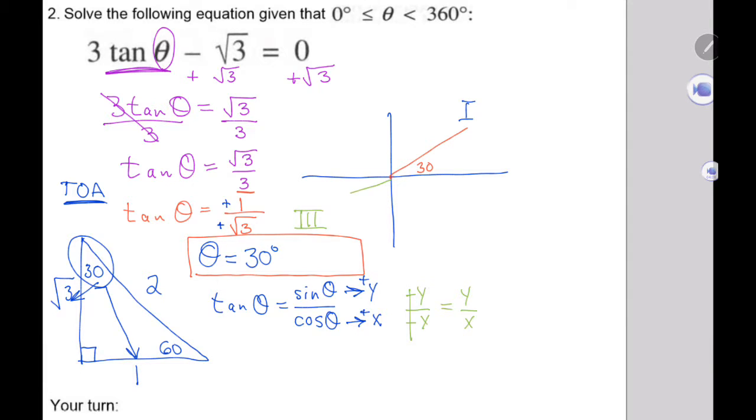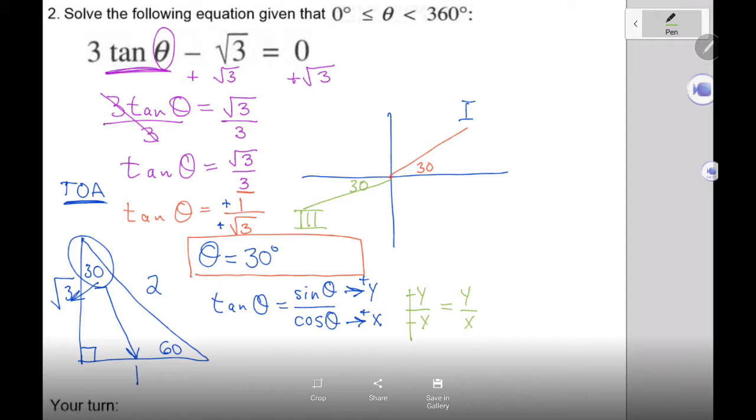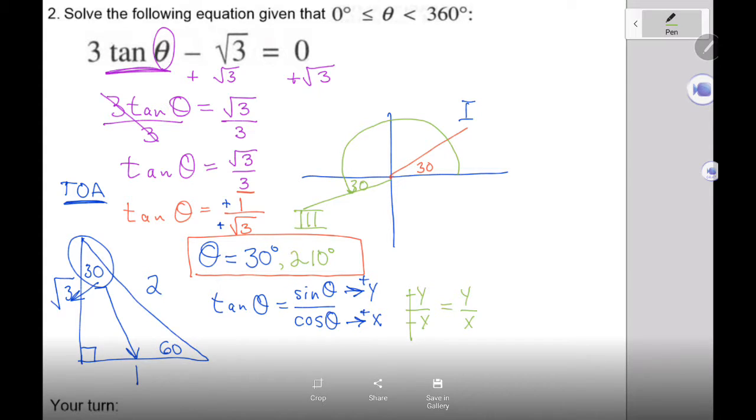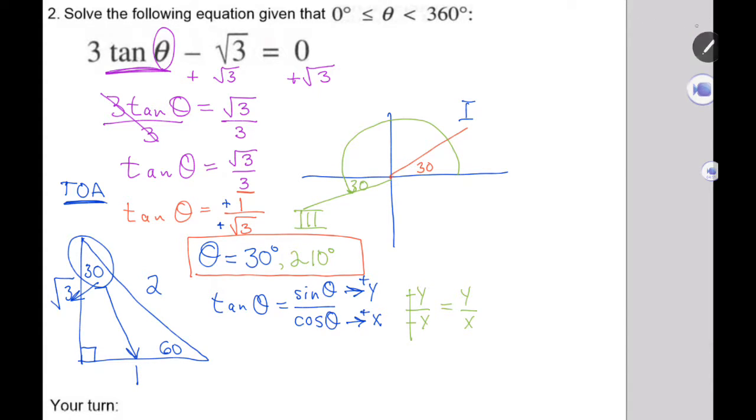So if I had 30 degrees down here, that would also qualify, and so you think, what's 30 past 180? If you go around like this, here's 180, and then you go another 30. 180 plus 30 is 210. So 210 would also qualify as good for our theta.